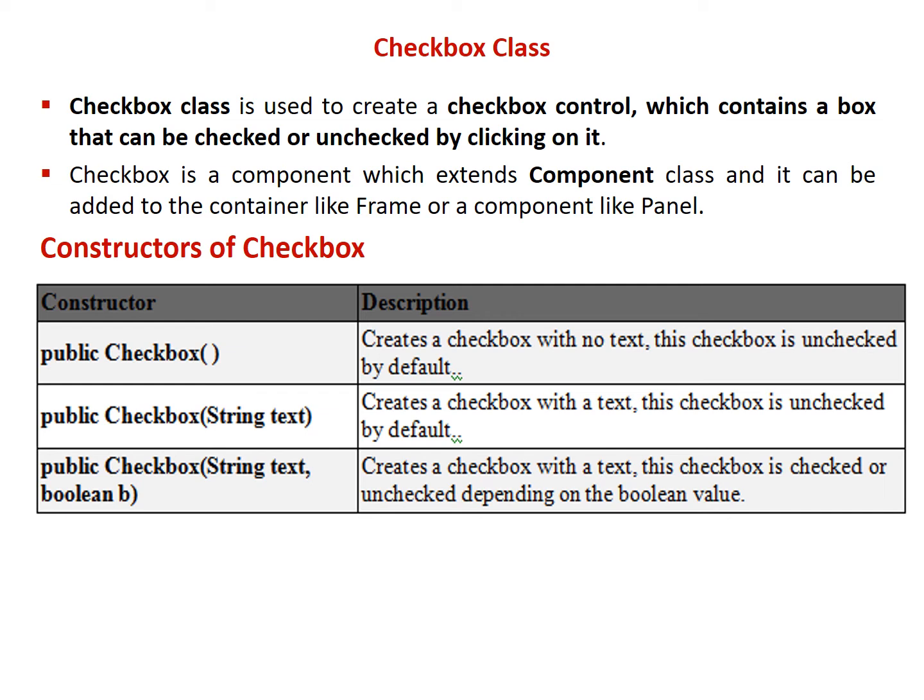And the last one is public Checkbox(String text, boolean b). That is, now it creates a checkbox with a text. This checkbox is checked or unchecked depending on the boolean value, that is the second parameter.